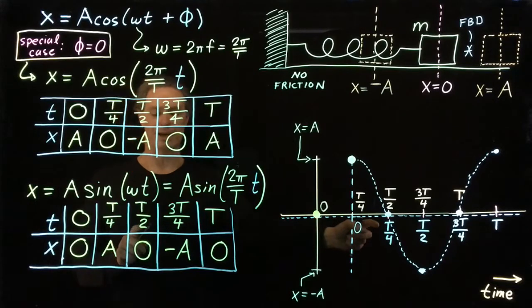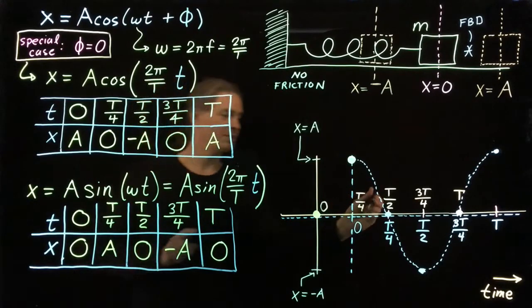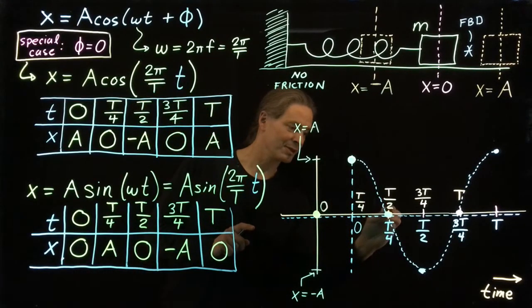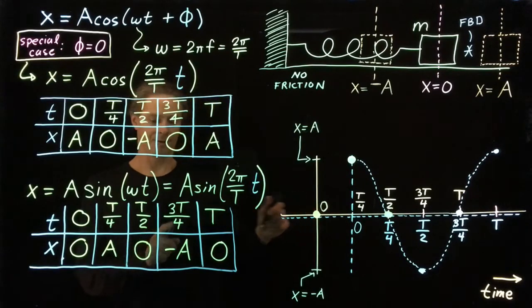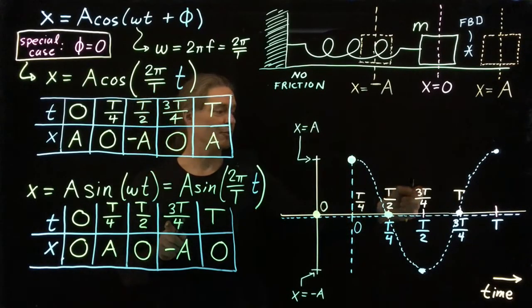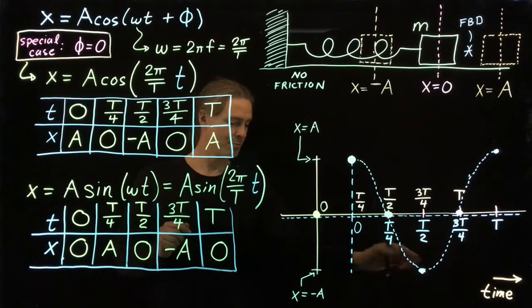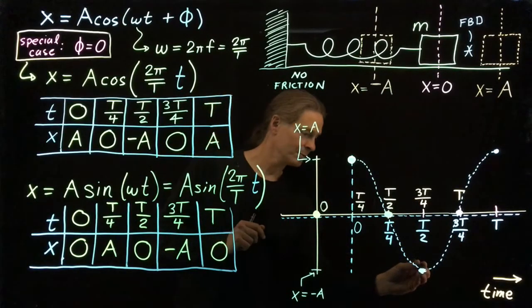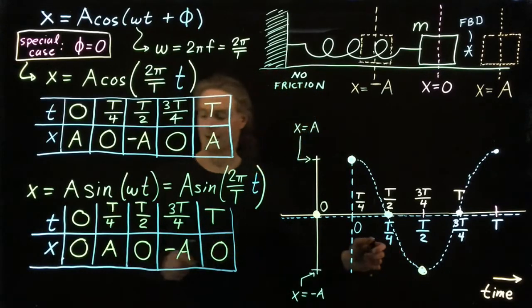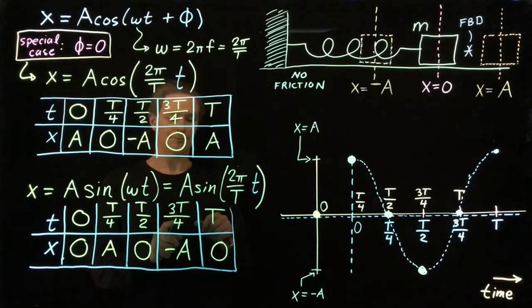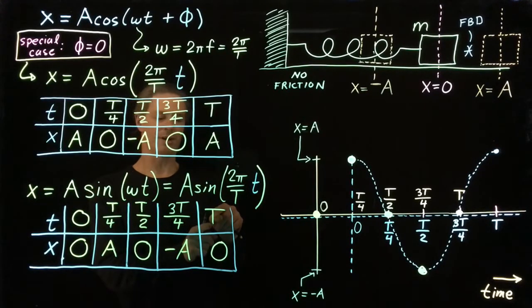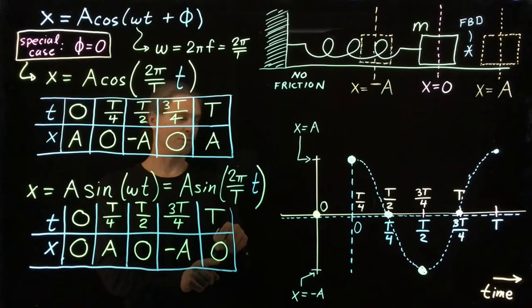When the time is equal to half a period, the position x will be 0 again. I'll just mark that there. When the time is equal to 3/4 of a period, the position x will be equal to minus A. Put that right there. When the time is equal to 1 full period, the position x will be equal to 0.